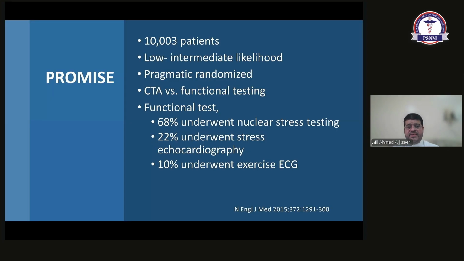The PROMISE study was done on the other side of the Atlantic in the US and Canada. It included 10,000 patients, almost double the number of Scott-Hart. Again, low to intermediate likelihood, pragmatic randomization, CT versus functional testing. Around 70% of patients underwent nuclear stress testing, a quarter underwent stress echocardiography, and only 10% underwent exercise ECG alone.